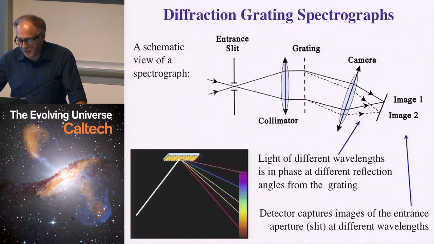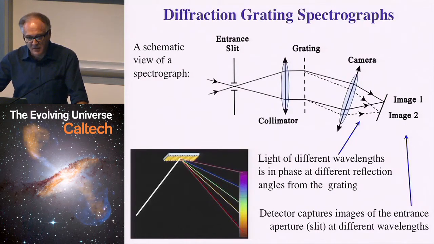Bouncing light off of a diffraction grating at different angles, light of different frequencies will be phased by different amounts. So a given wavelength, from all the reflections from different grooves, will have constructive interference in some spot in the focal plane. But a different wavelength will be a little off because the wavelength is a little shorter. Now, this can be worked out in great detail, but intuitively, this is what's going on.